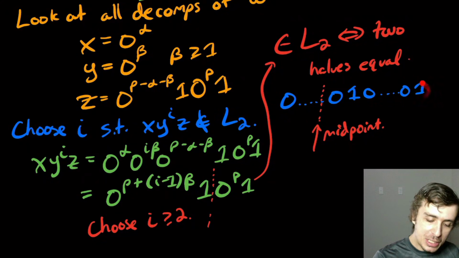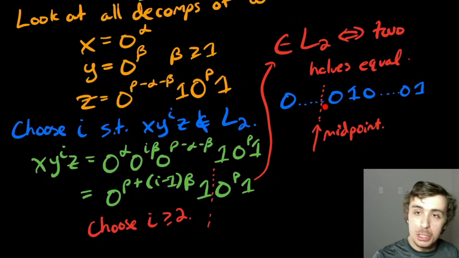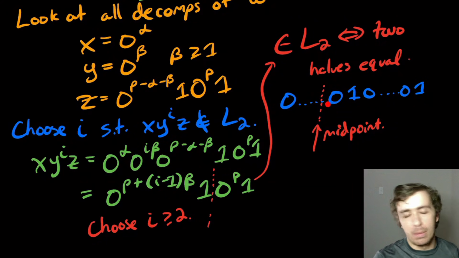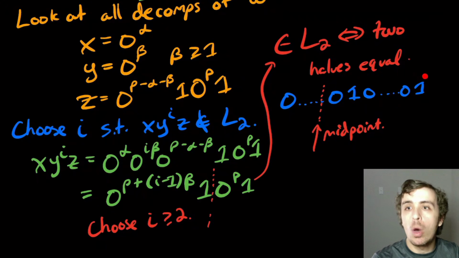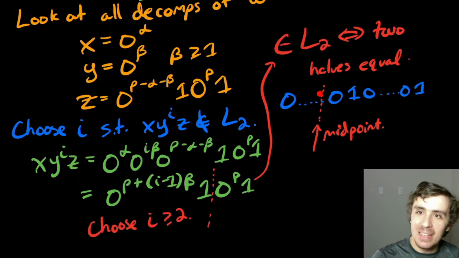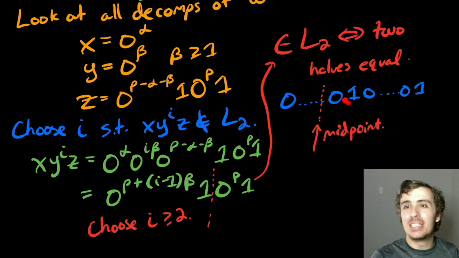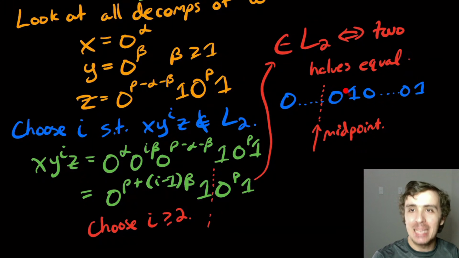The right half ends in a 1 for sure. The second half ends in a 1, and the first half ends in a 0. And so the two halves cannot possibly be the same because in this case they end differently.